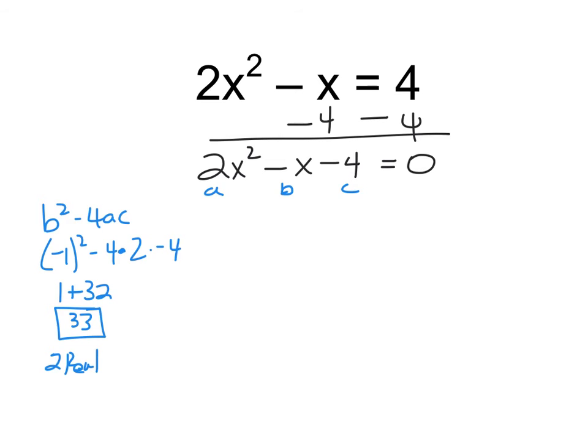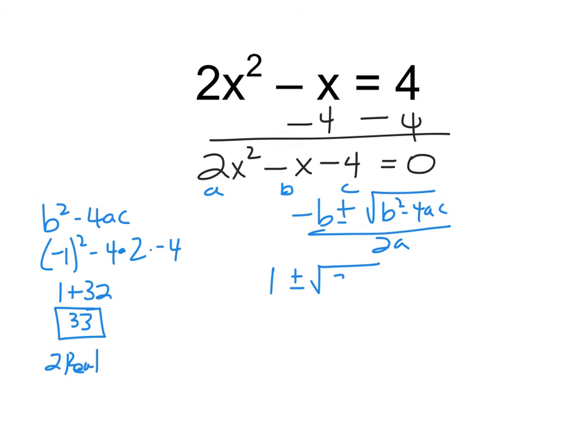Okay, so I want the quadratic formula. The opposite of b in this case is positive 1 plus or minus the square root of 33 all over 2 times a, and in this case, a is 2. 2 times 2, so this is going to be 1 plus or minus the square root of 33 all over 4.